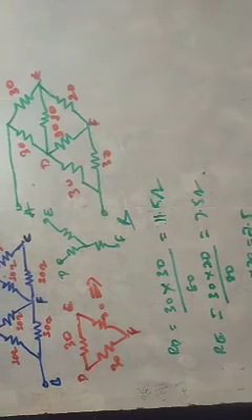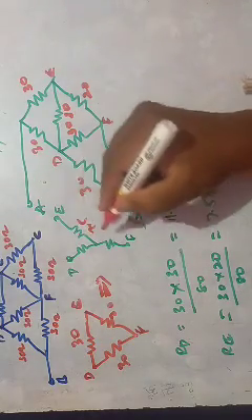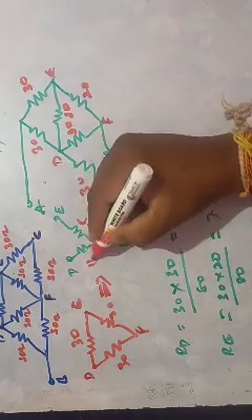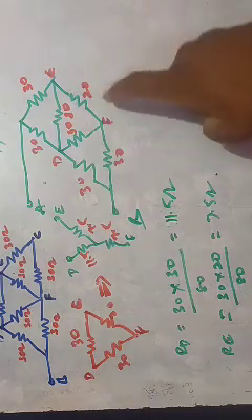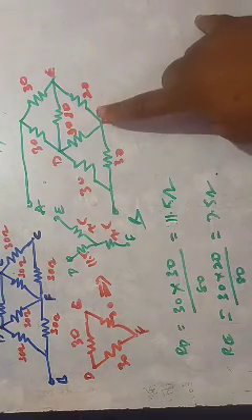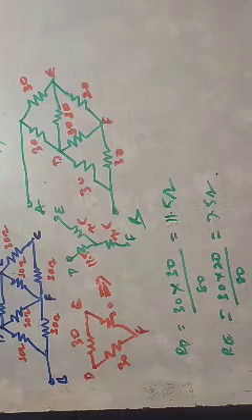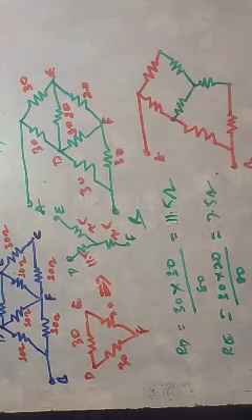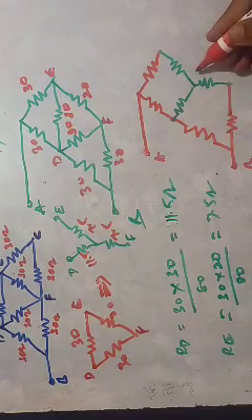We have the values of the delta converted: RD is 7.5, RE is 7.5, and RF is 11.5. This delta should now be written in star form. Look here, this delta is written in the star form.